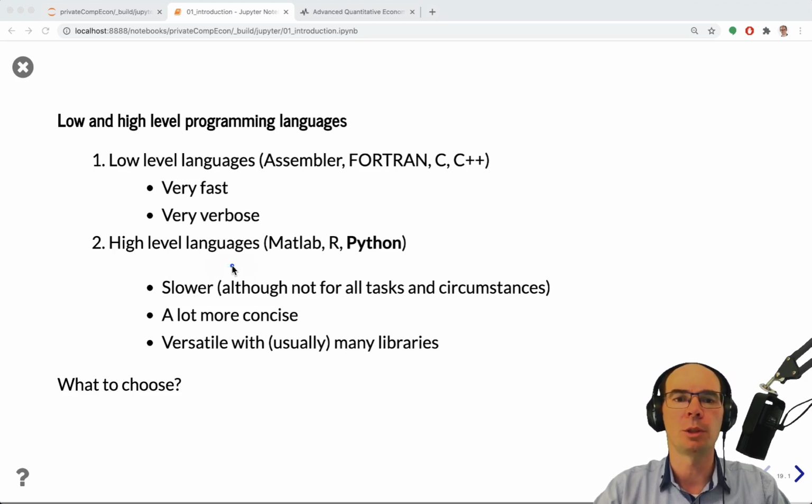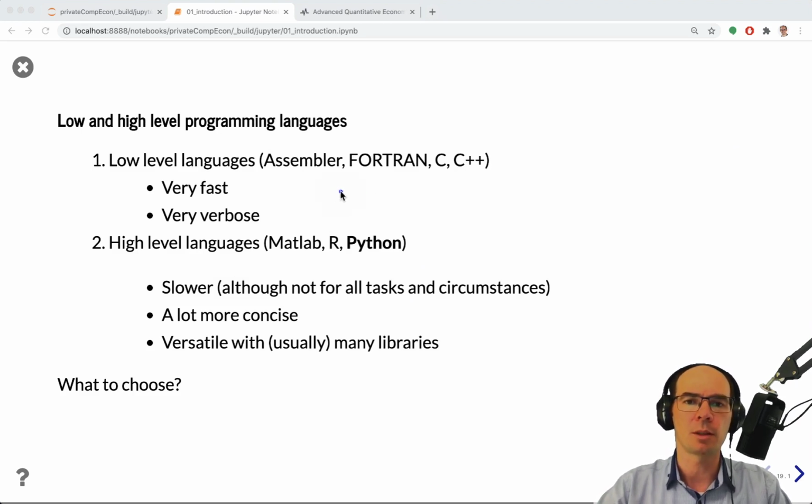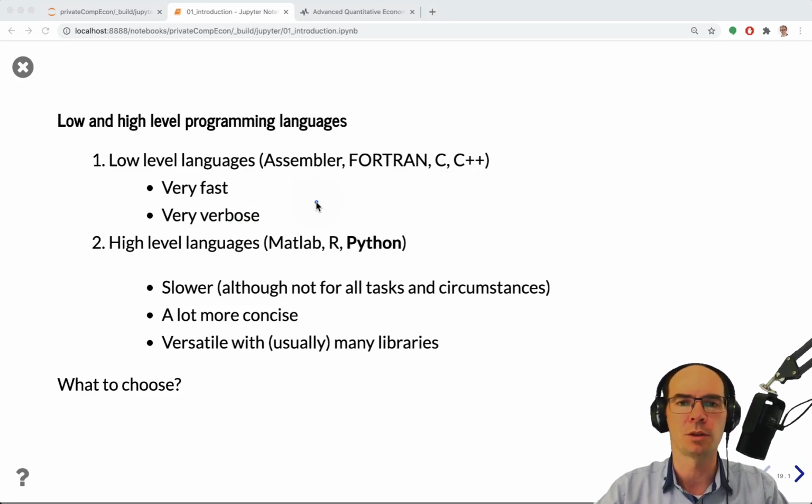Low means that you're much closer to the motherboard of your computer, and so you have much more direct access and control over the computer resources. That makes languages like Fortran, C or C++ really fast compared to high-level languages, but also very verbose, which means that you have to type a lot to achieve the same task as you would in a high-level language.